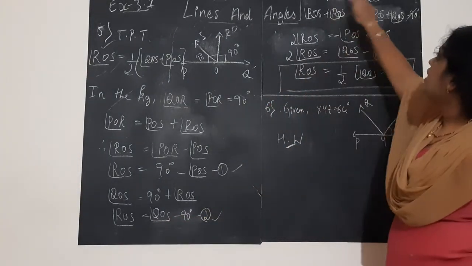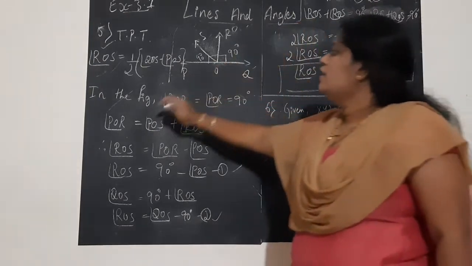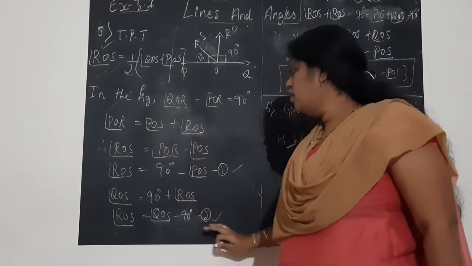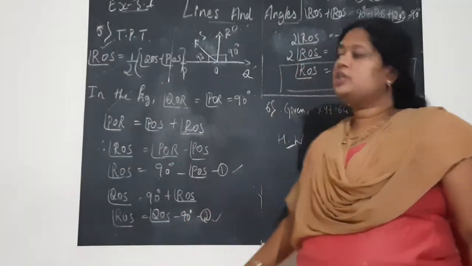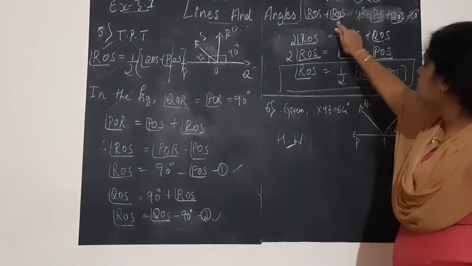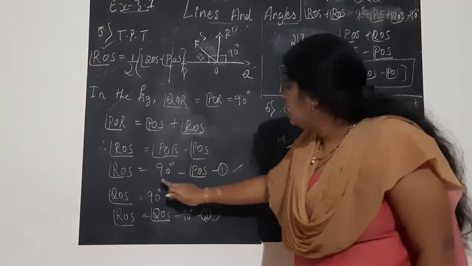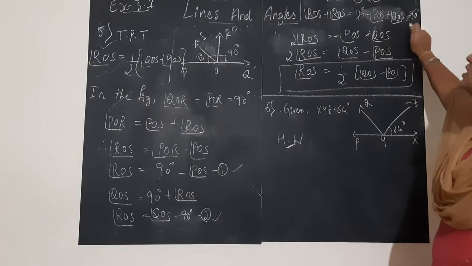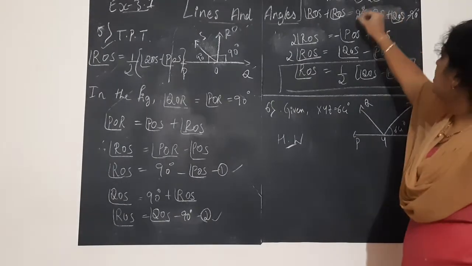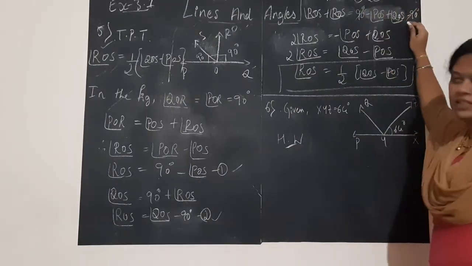Next we shall add equations 1 and 2. If you add equation 1 and 2 you have ROS and ROS common on the LHS. So it is ROS plus ROS is equal to 90 degree minus POS plus QOS minus 90 degree. So plus 90 degree gets cancelled with minus 90 degree.